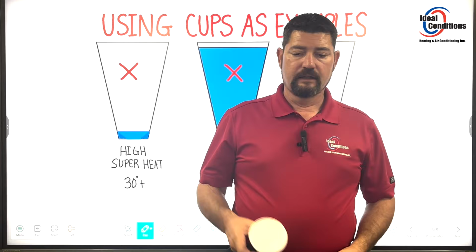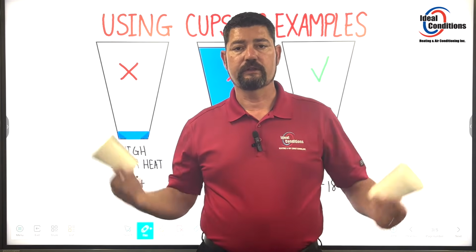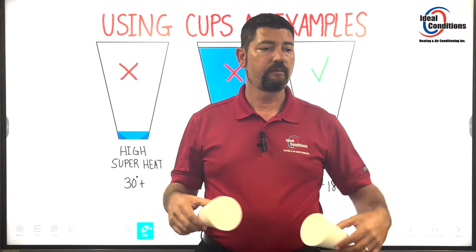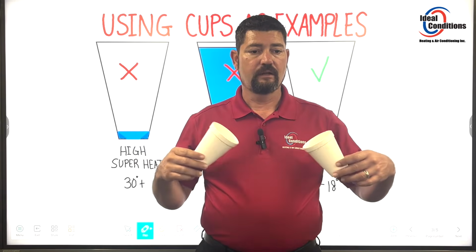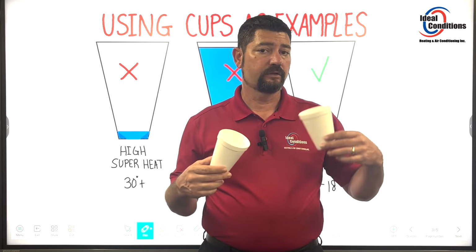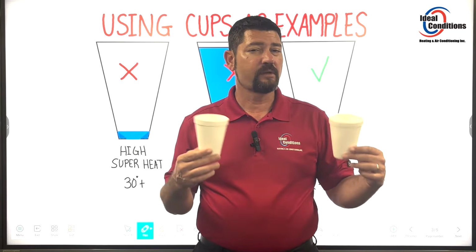If I had a condenser coil that had too much liquid and an evaporator coil that had too much liquid, then very simply we would say there's too much liquid leaving the condenser, too much liquid entering the evaporator and now leaving the evaporator, so I'm not really boiling off.